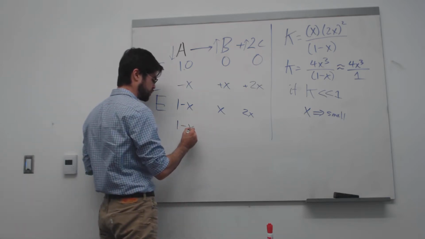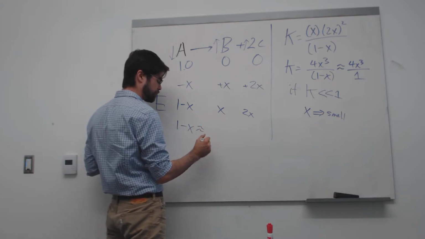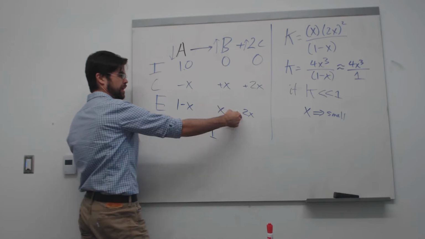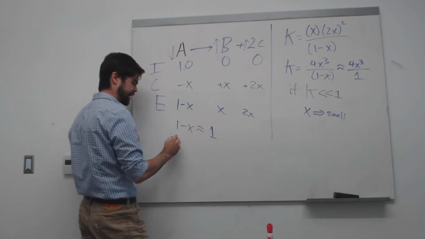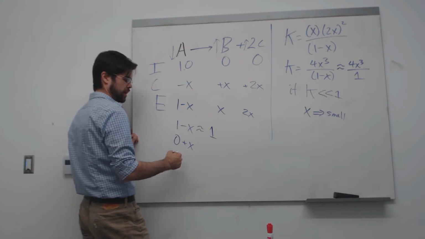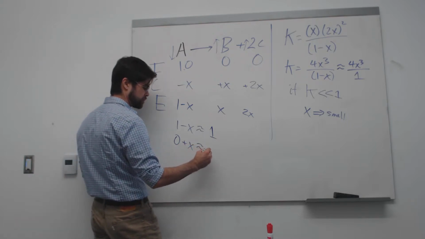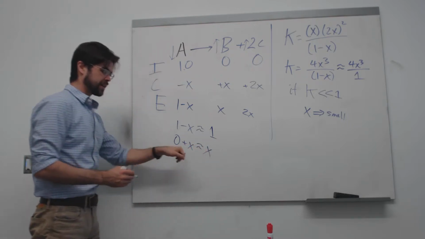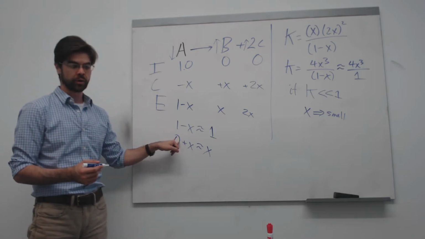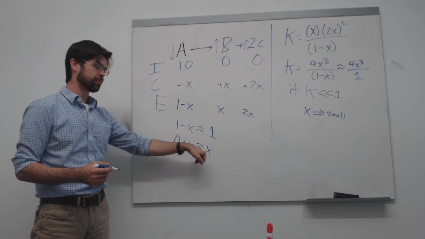1 minus a small number is approximately equal to 1. Each of these expressions is like 0 plus x, and that is going to be approximately equal to x. Any number is infinitely larger than 0, so this is not an approximation.